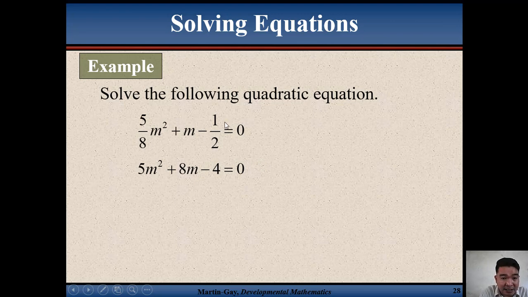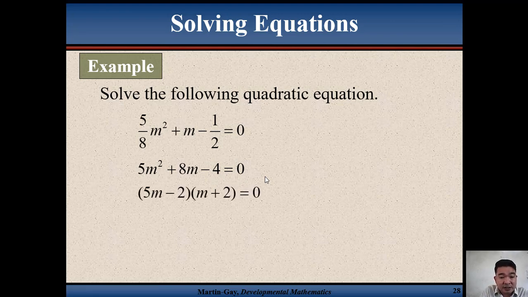Upon multiplying the original equation by 8, you will have 5m squared, of course, we eliminate the 8 already. And then 8 times m is equal to 8m. 1/2 times 8 is equal to 4. Equals 0.